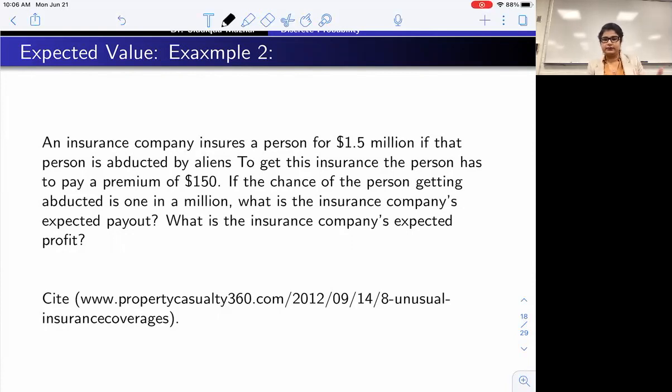If something goes wrong and the person is abducted by aliens, then the company is paying them 1.5 million. So 1.5 million means you are not going to write it as $1.5. This is in millions, so you write it this way.